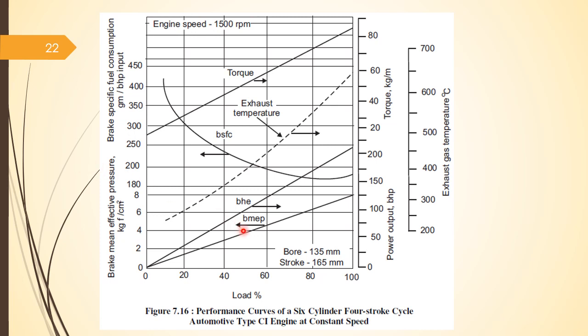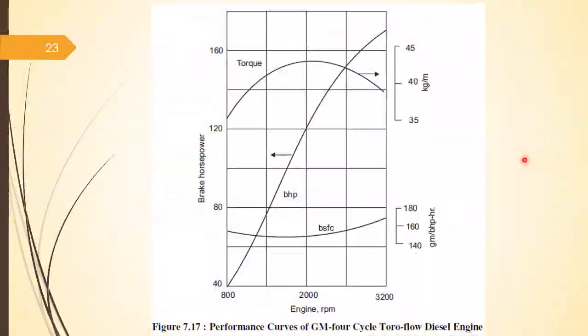Again, this is a graph of brake mean effective pressure, brake horsepower, brake specific fuel consumption, exhaust temperature, and torque at engine speed 1500 rpm for a diesel engine. And this is a performance curve for a GM 4-cylinder Toroflow diesel engine.